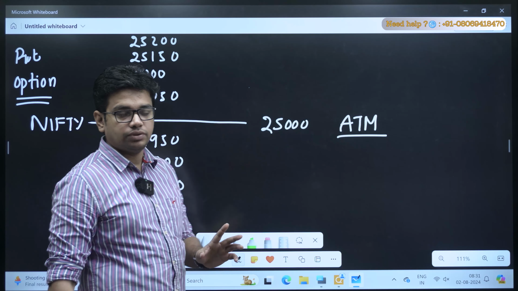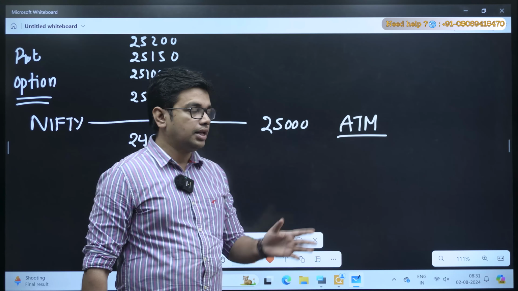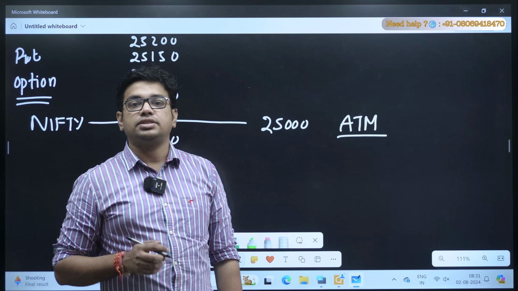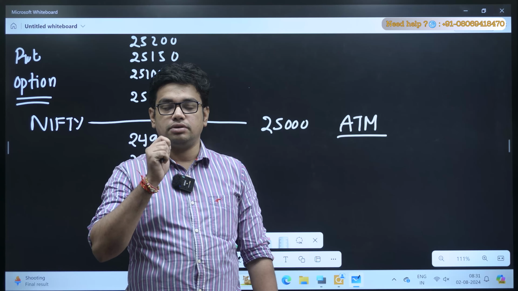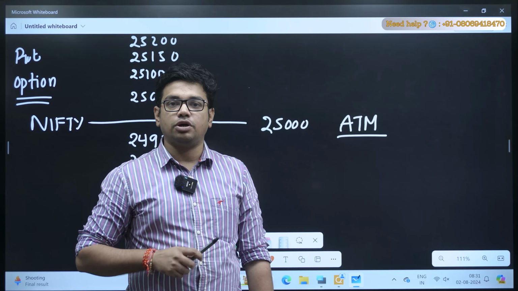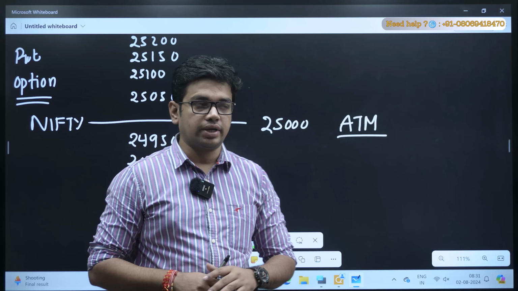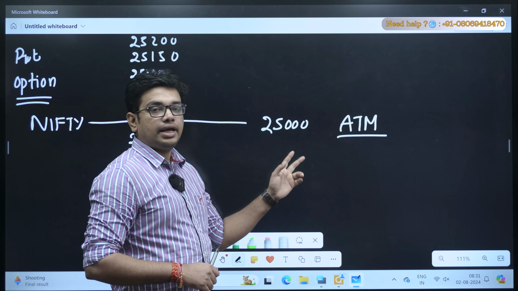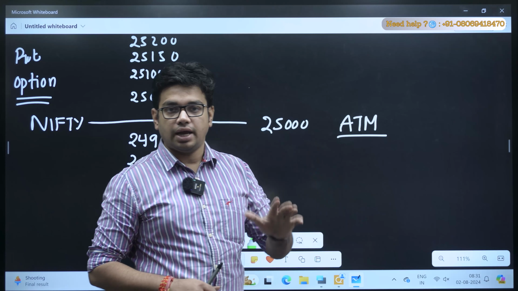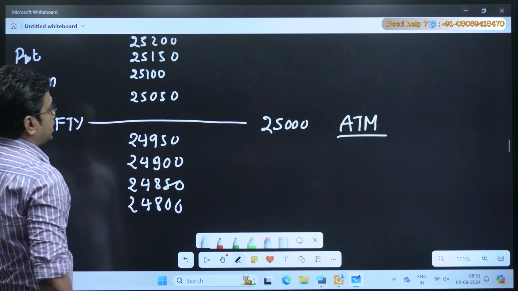Whether the spot price is 25,000, 25,100 or 24,000, if we are selecting an option whose strike price is the same as the spot price, then it will be known as ATM, that means at the money option. I have put various strikes.